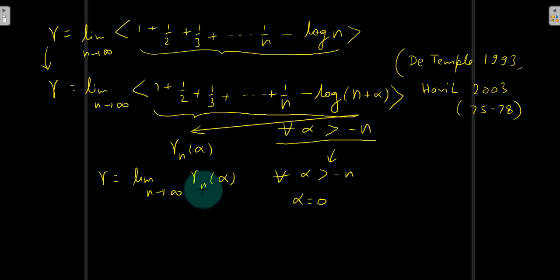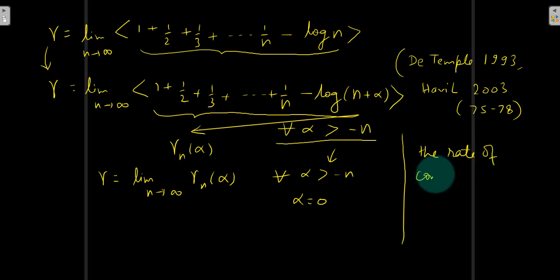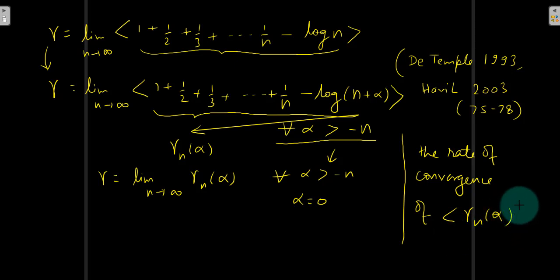So what is the difference between these sequences, if they all converge? The only difference that I want to mention here is that the rate of convergence of gamma n alpha depends upon alpha.